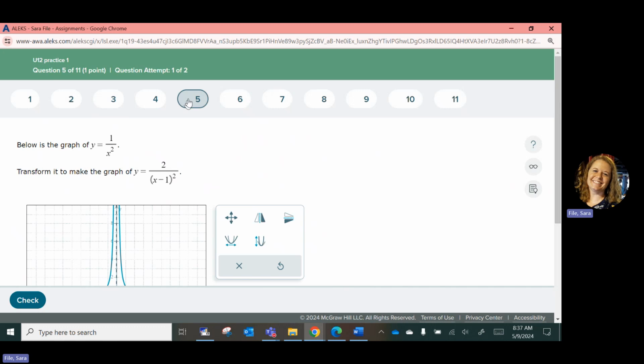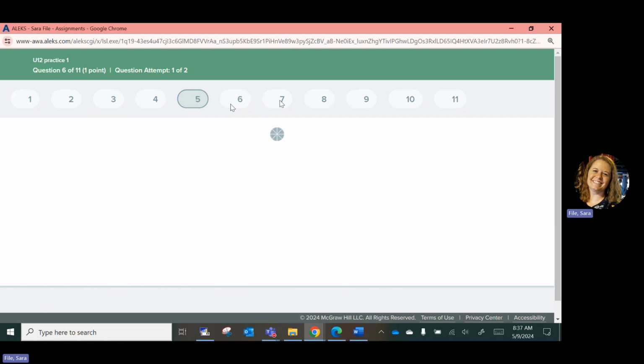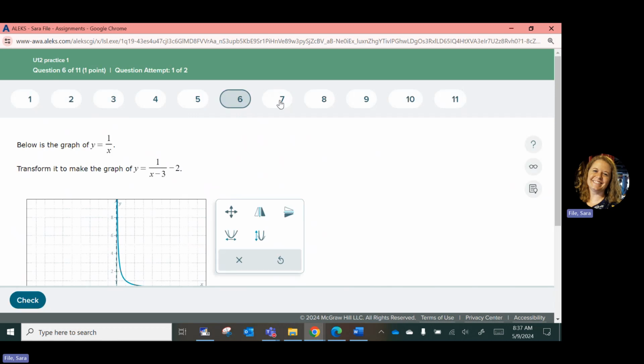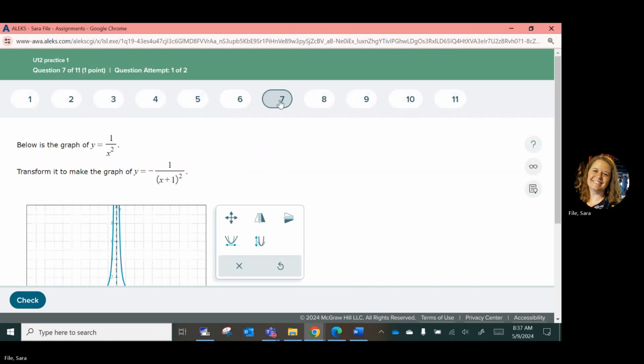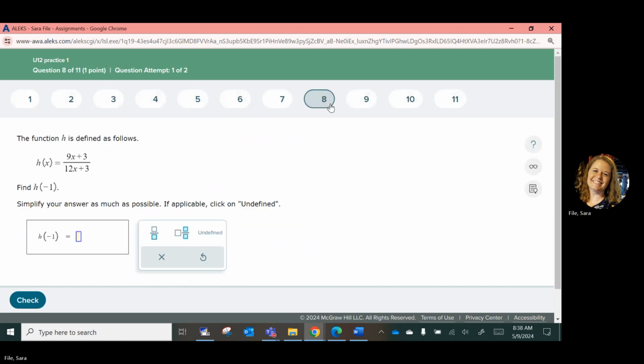And then there are some where you're given the original function and they want you to make these transformations. So this is just knowing your transformation rules for a couple of those. Then that's another, so 3 of those with transformation rules. And then 8 and 9 are asking you to just evaluate. They're giving you a rational function and this one says find h of -1.